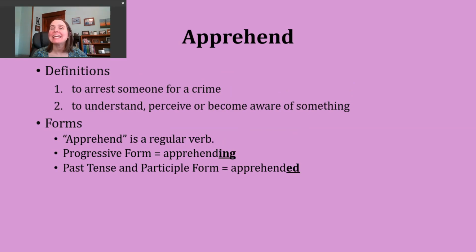The first way you might encounter the verb apprehend can mean to arrest someone for a crime. As I looked for real examples of this verb being used online in various forms of media, this was by far the most common usage for the verb.